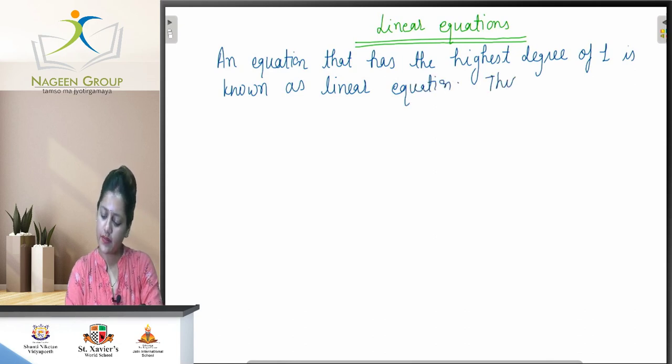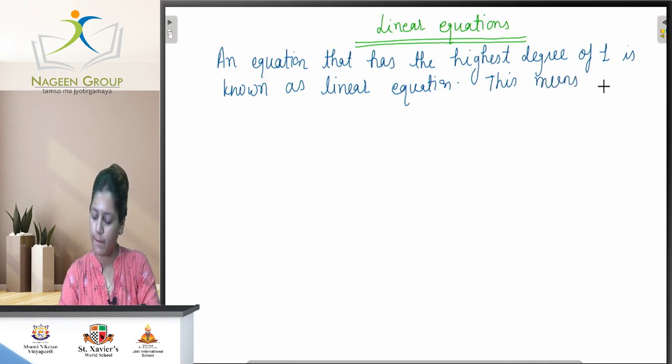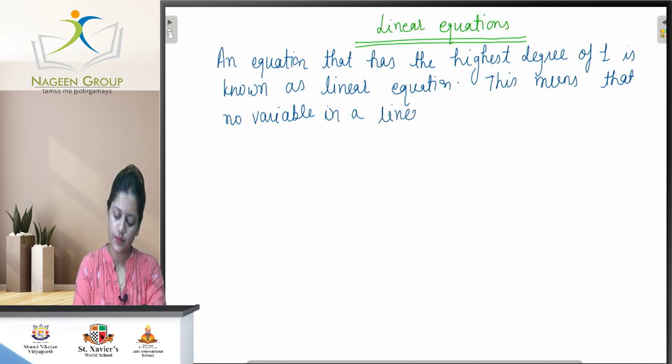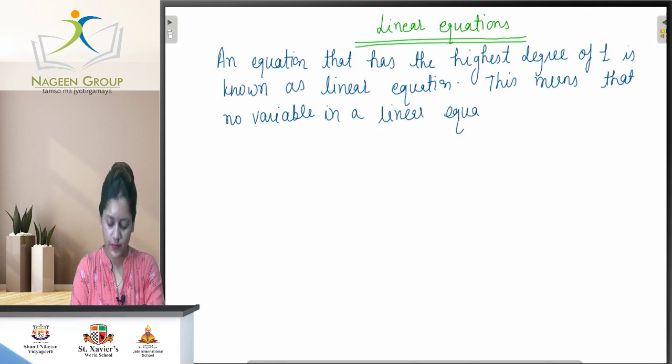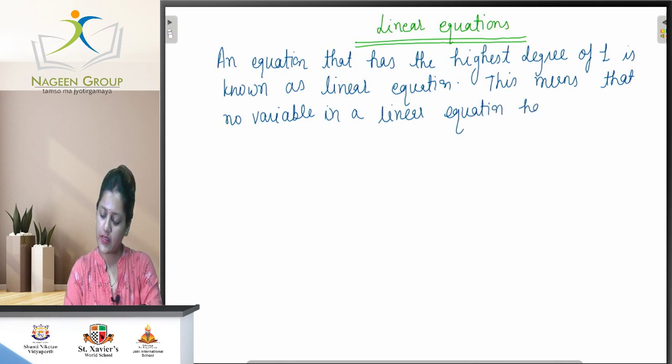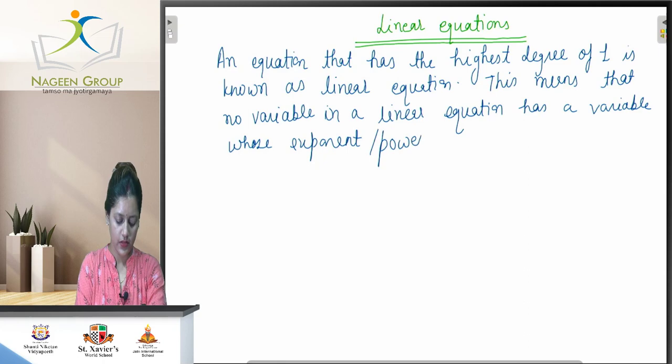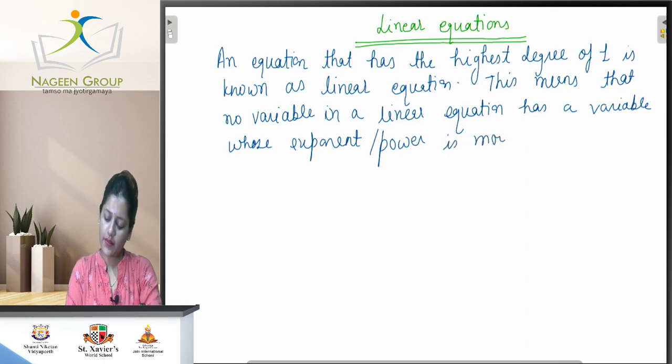This means that no variable in a linear equation has an exponent, meaning power, that is more than 1.